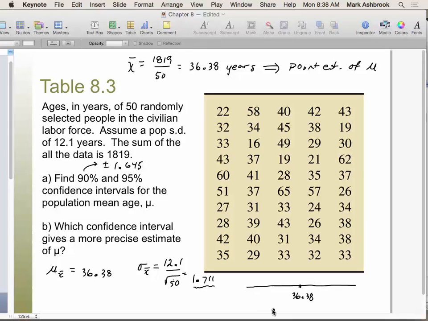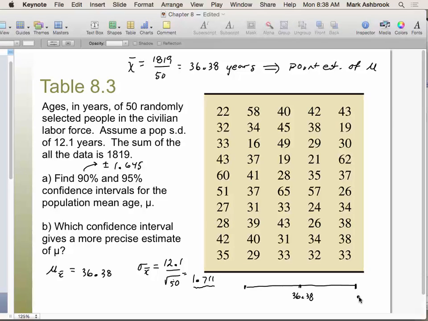Does everyone know how to get that calculation then? So let's do it and see what you get. Everyone do that. As soon as you get this top one, give me a number.